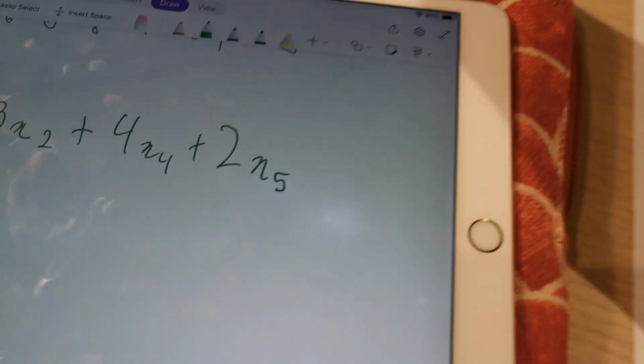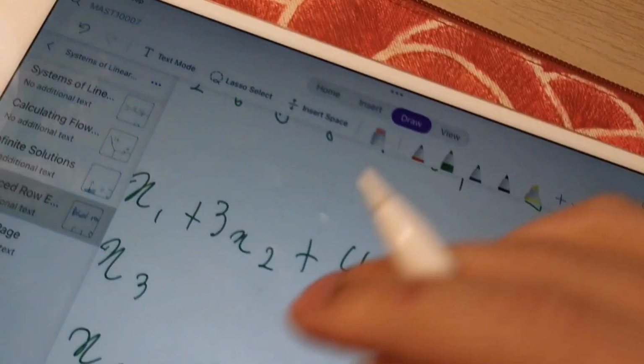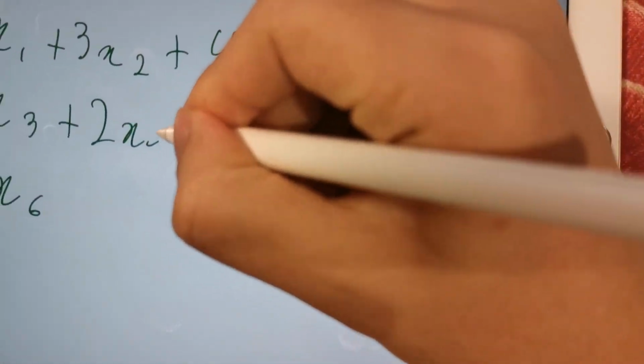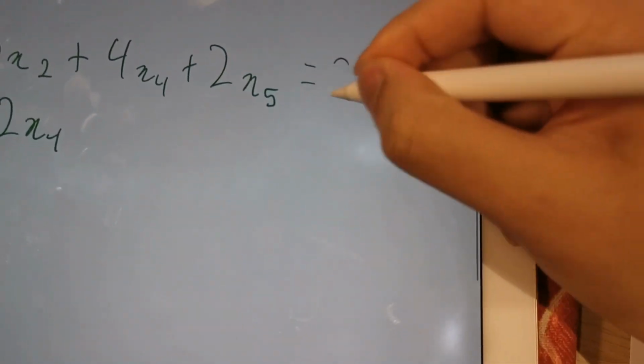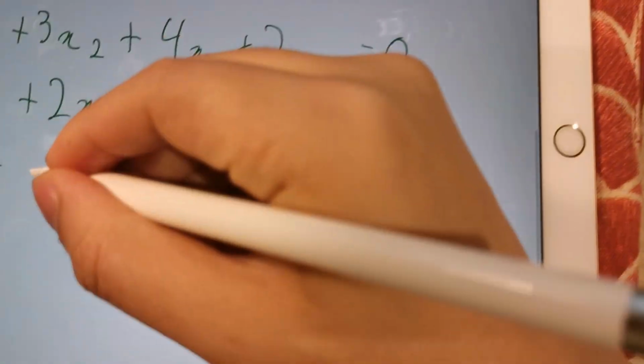This is x2, so it's plus 3x2 plus 4x4 plus 2x5, alright? This just has that 2, so plus 2x4, right? Simple, easy. This all equals 0, 0, 1 over 3 based on this, right? So this means this, right?